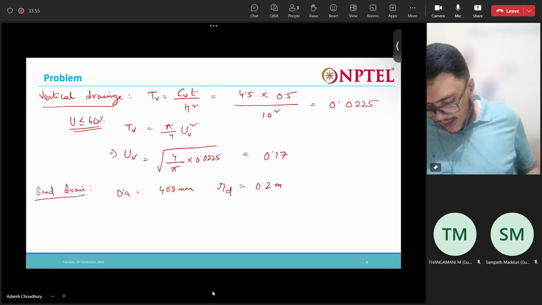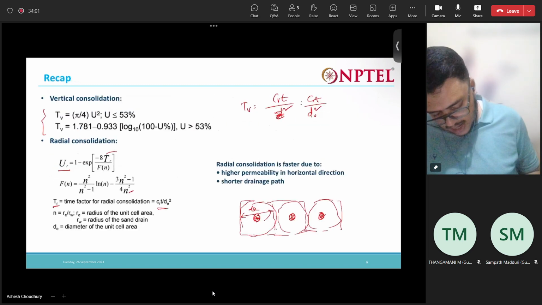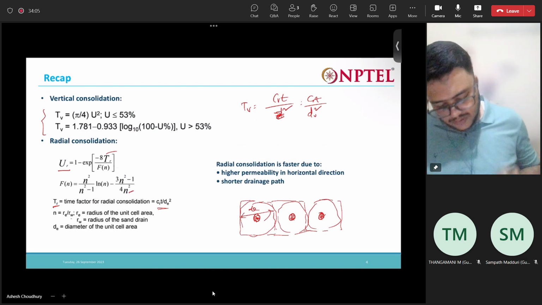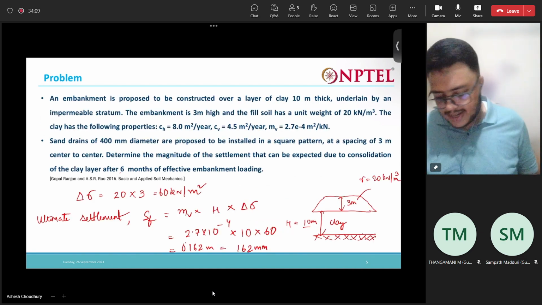Right. And one more term we want to know: we found out RW, and RE is the radius of the unit cell area. Say we are having a square pattern of arrangement.